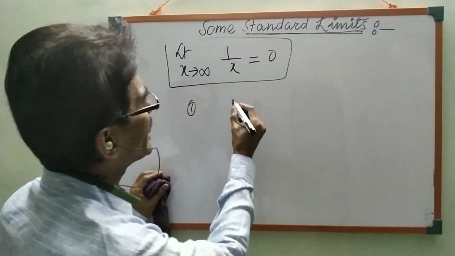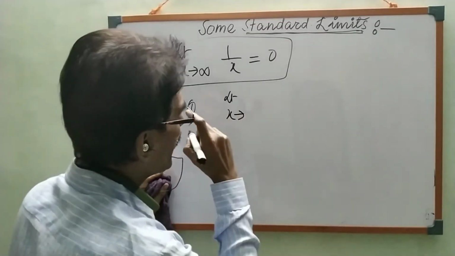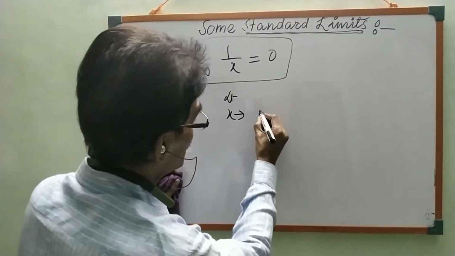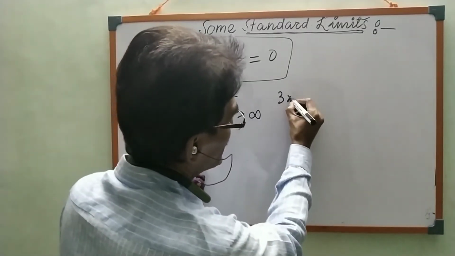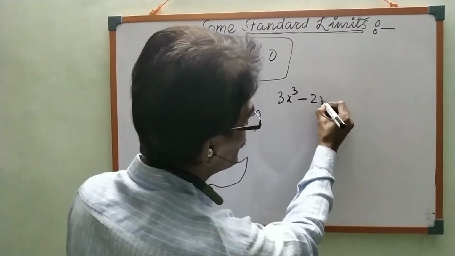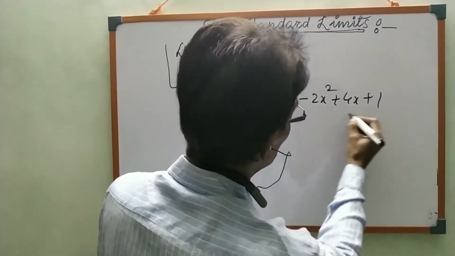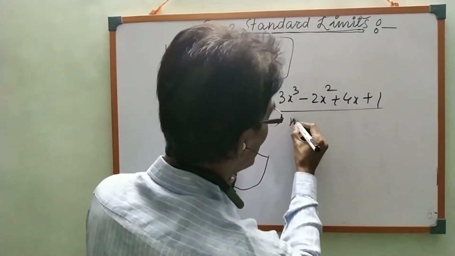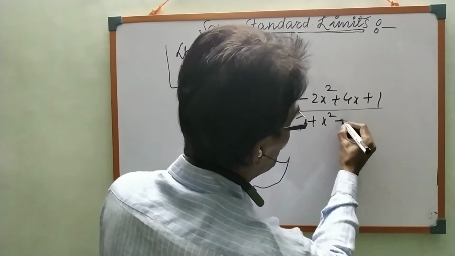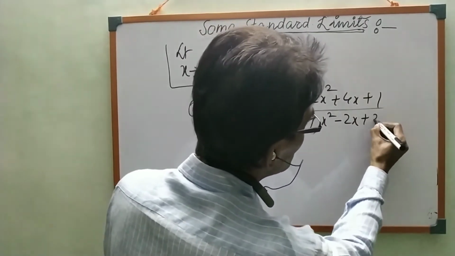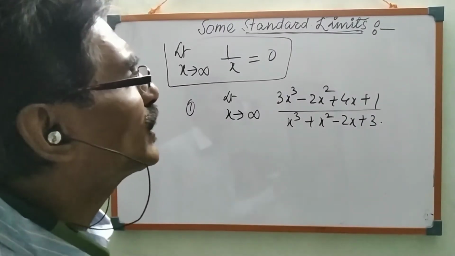A simple sum I am taking, limit x tends to infinity of (3x cube minus 2x square plus 4x plus 1) divided by (x cube plus x square minus 2x plus 3). Very, very important and short question also.